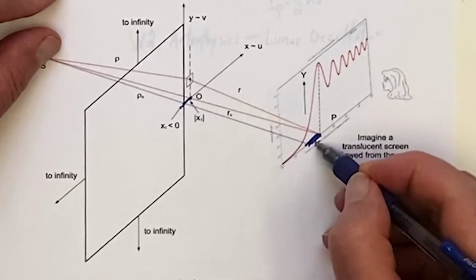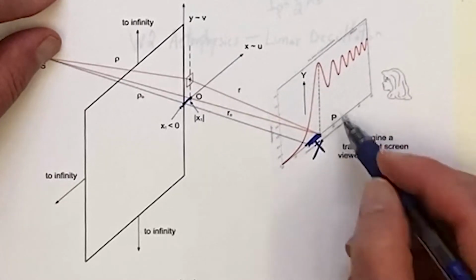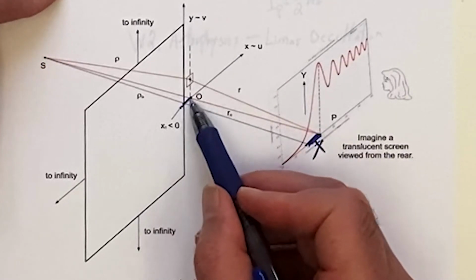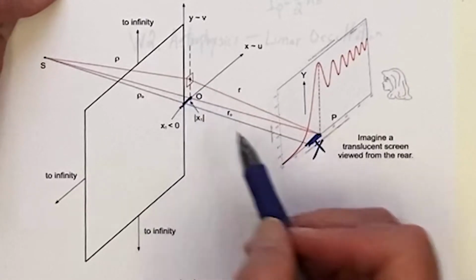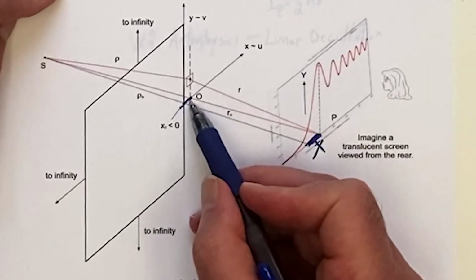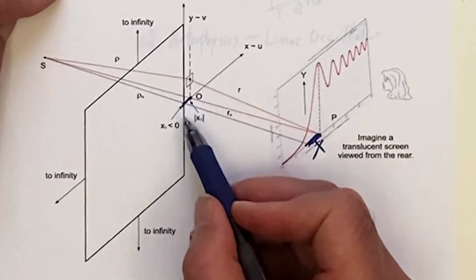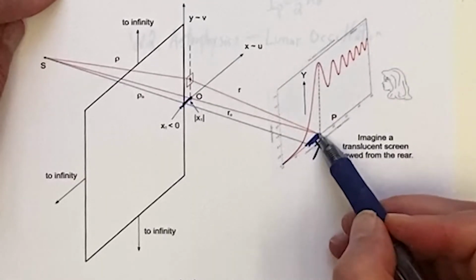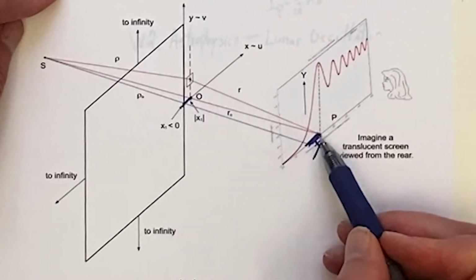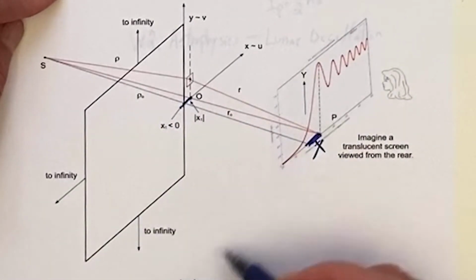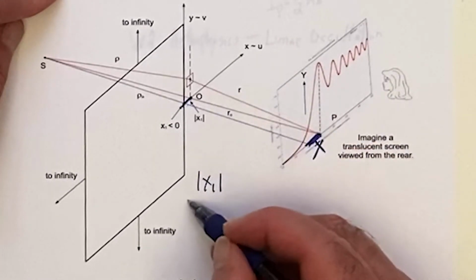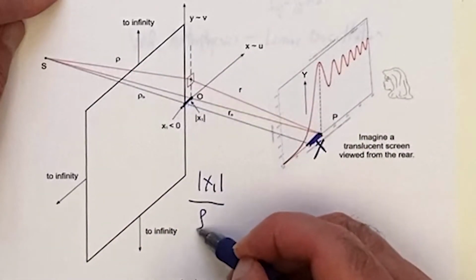But that big X here can be related to this little x in here. And this absolute magnitude of that x is going to be, and I use absolute magnitude because on this side, it's to the left, actually is going to be a negative. All right. And that's because this point P is aligned with the origin. So if you look at those triangles, you'll have the absolute value of the x1 in here over rho naught.